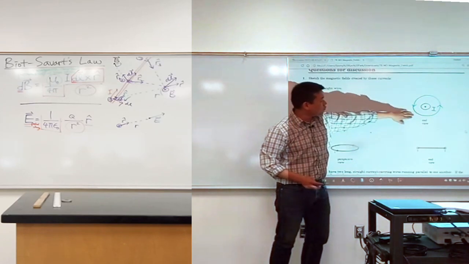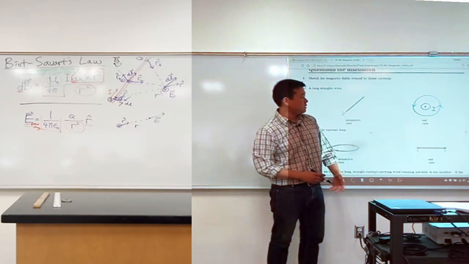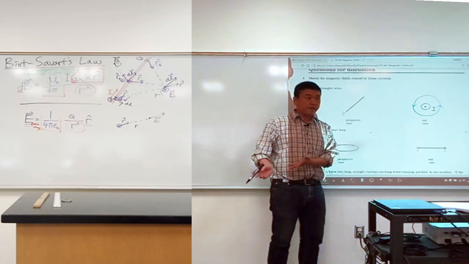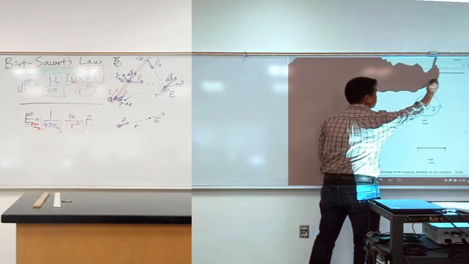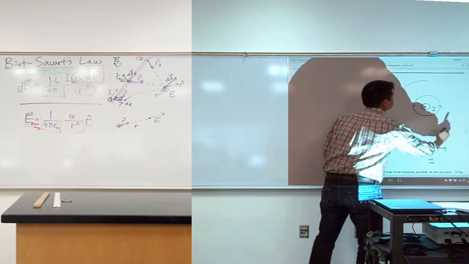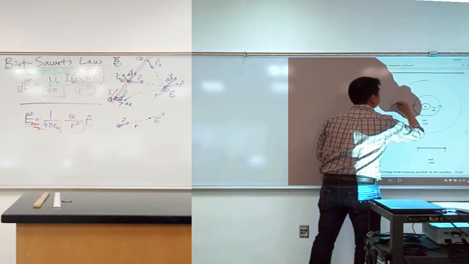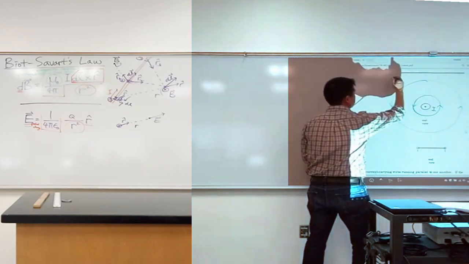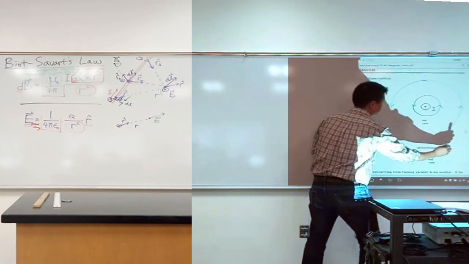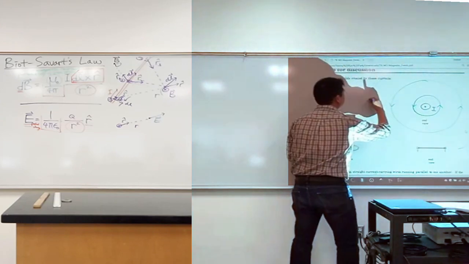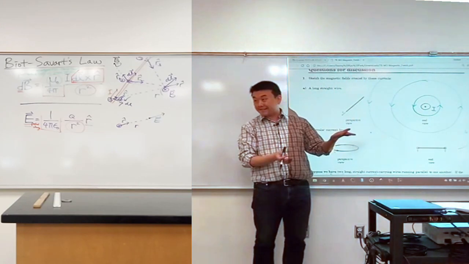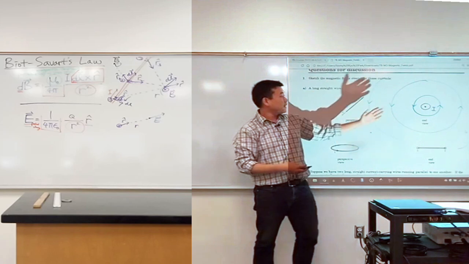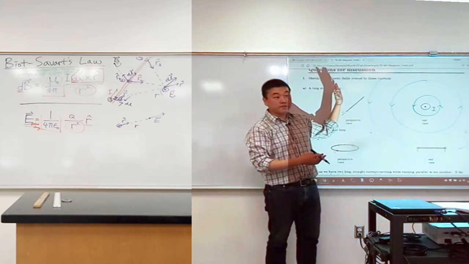So if I were to draw the magnetic field lines following rules similar to the electric field lines, it would look something like this. I'm not quite spacing it right, but if I'm spacing it out correctly, then it gets spaced out farther and farther as you go.